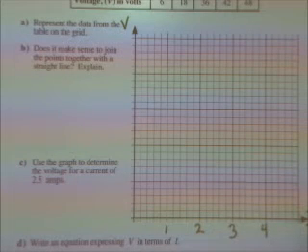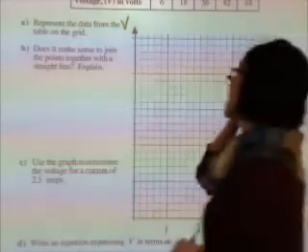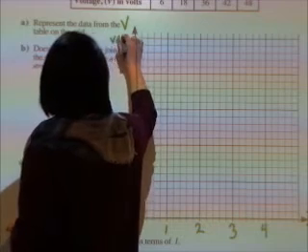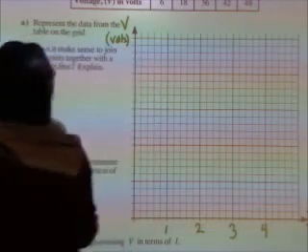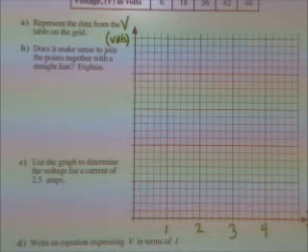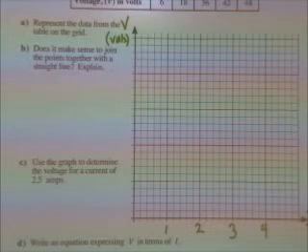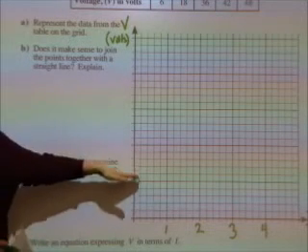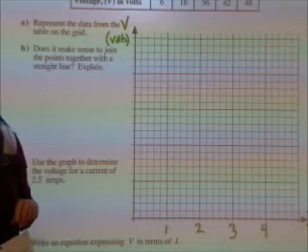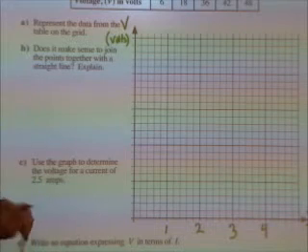So I could put that this is I measured in amps. And then the V is measured in volts. And I need to be able to go up to 48. So what would be a suitable scale to go up by? Tenths.